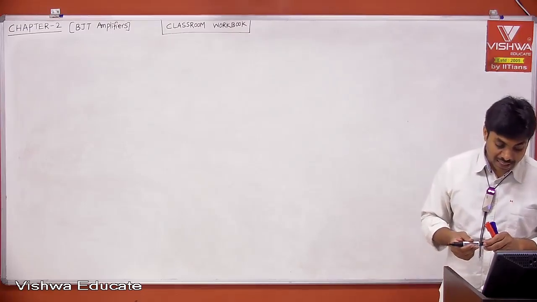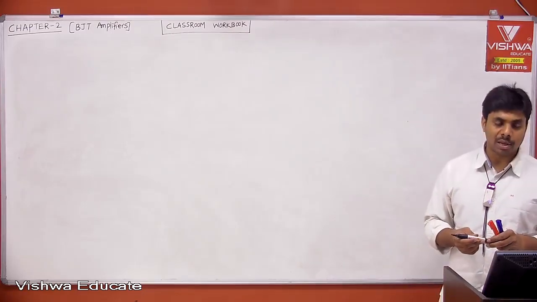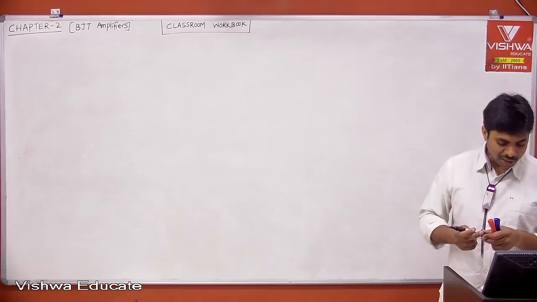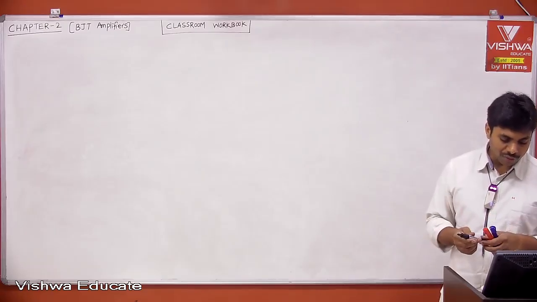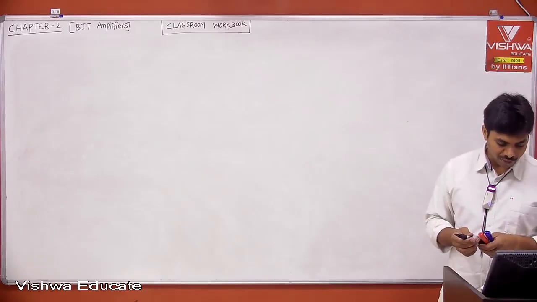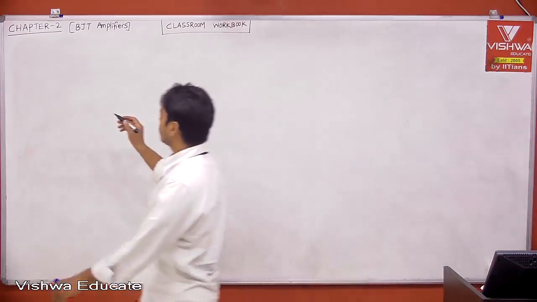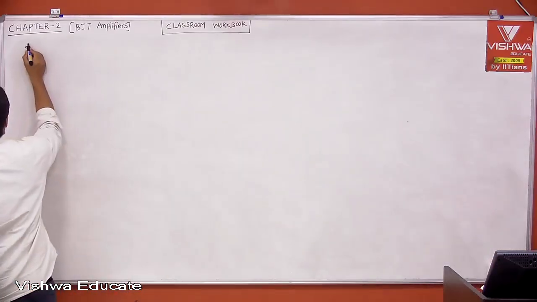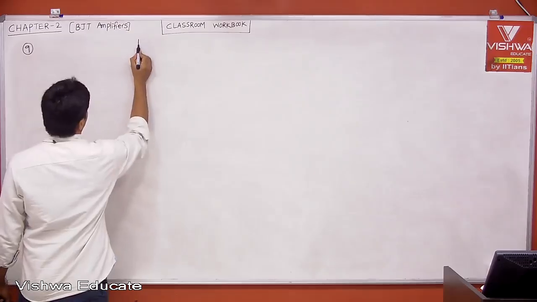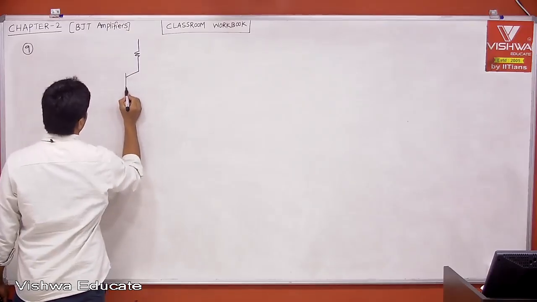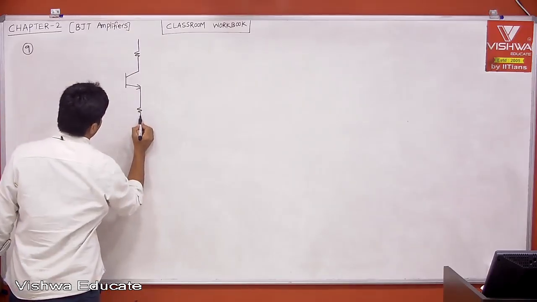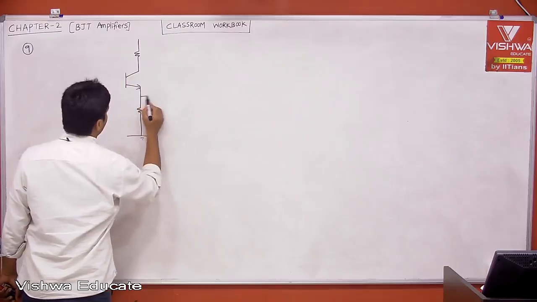If CE is disconnected from the circuit, which one of the following statements is true? First of all, what is the circuit? This is problem number 9. You need not draw the circuit because it is already there in the workbook. Just to explain, I am drawing it again.